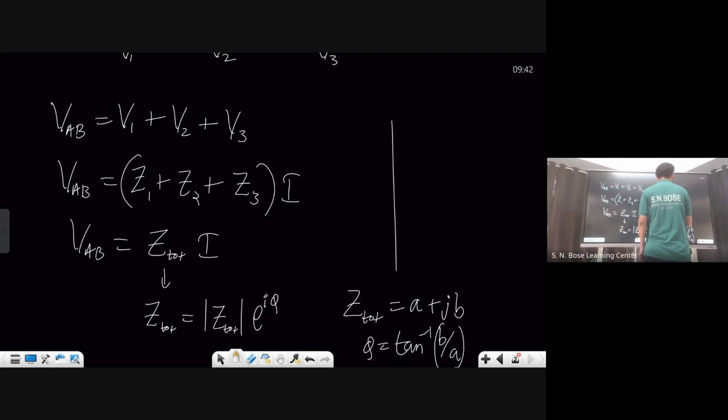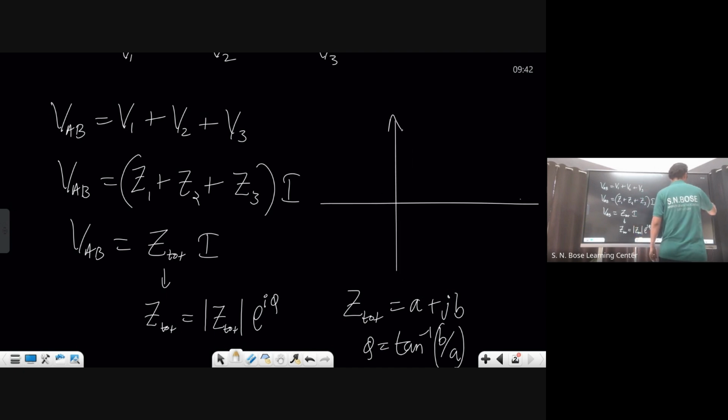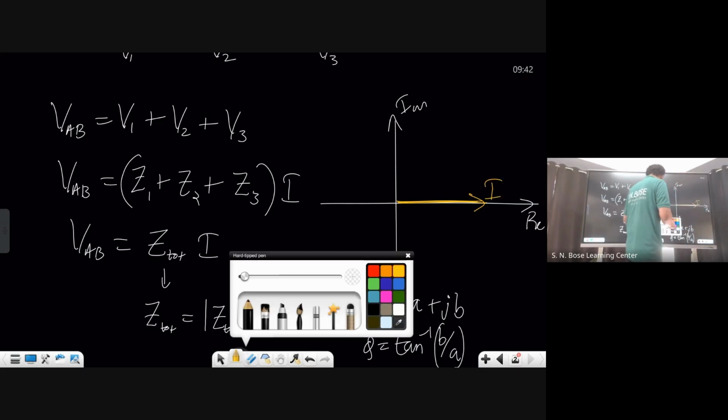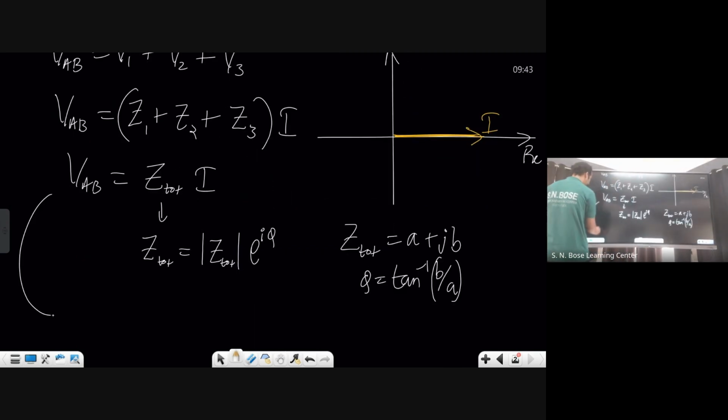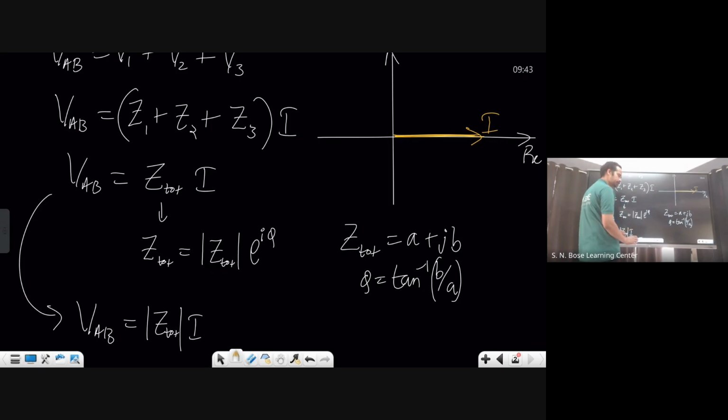So what I'm saying here is, this is my real axis, imaginary axis. In a series circuit, this is what I prefer: I'll take current along the real axis. Then if current is real, going with Argand representation, VAB equals mod Z total into I, which is also real, into e power I phi. Now the location of VAB is decided by e power I phi, isn't it?